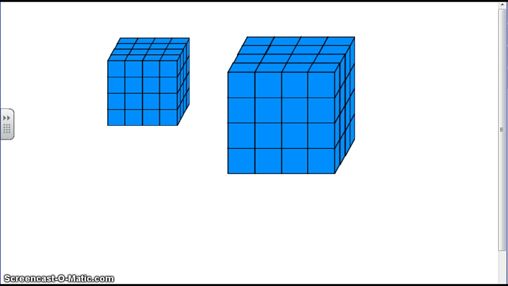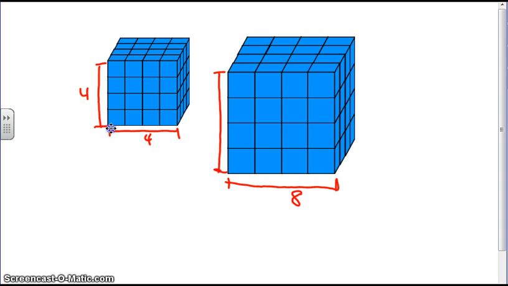Okay, so recall that, and you do not need to draw this at this point, just fold your hands on your desk and listen. Recall that surface area is kind of interesting. If we say in this figure that the side has a length of 4, and I tell you in this figure we have a side that has a length of 8, and let's say this is a cube, so the dimensions are going to be the same in the horizontal and vertical dimensions, right?